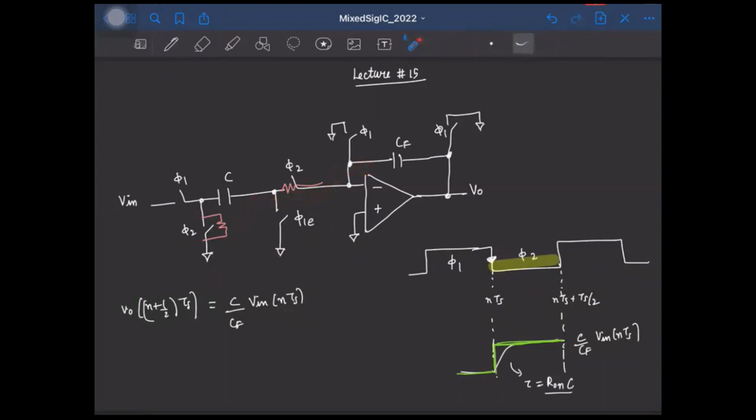But now with finite Ron, the rate at which the output voltage increases depends on the current flowing through the capacitor CF, and this current will in turn depend on the rate at which this capacitor C discharges. And this rate is determined by the total on resistance times this capacitance.